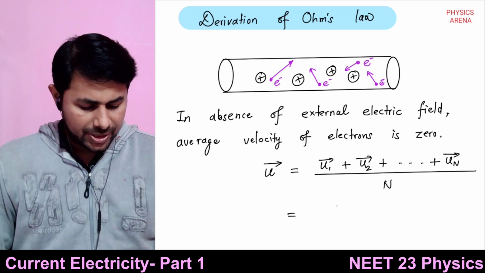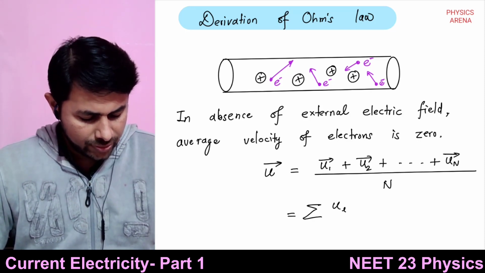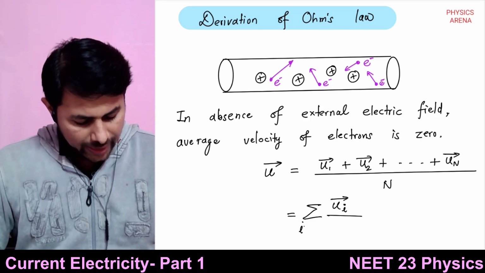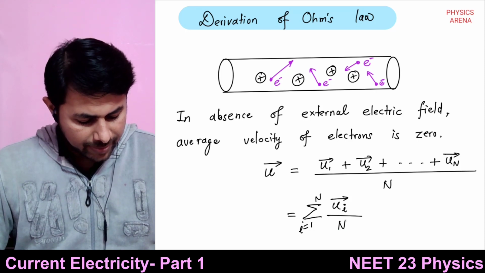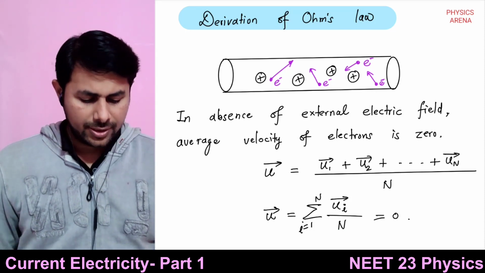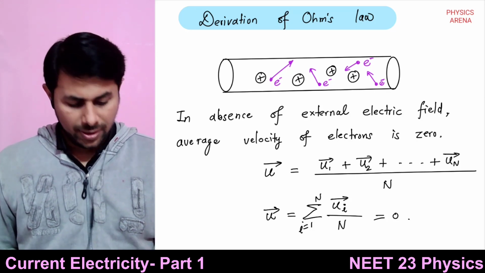We can write this expression as summation of ui's from 1 to n divided by n, and this will be equal to what? 0 in absence of an external electric field.